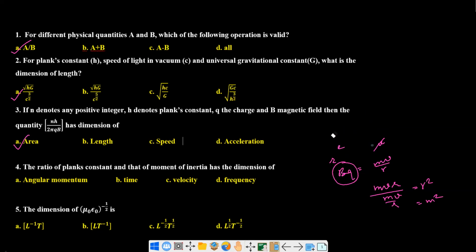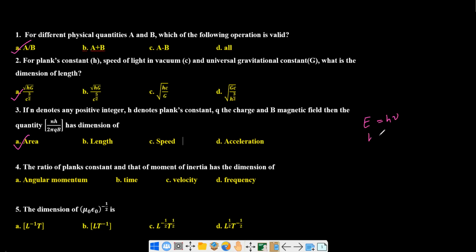This is again related to the ratio of physical quantities, and let's crack this again. The ratio of Planck constant and that of moment of inertia has a dimension of. Okay, so we are familiar with this information: E equals h nu, so h will be equal to E by nu. That's why the dimension of this Planck constant is going to be M L squared T to the power minus 1, since E by nu.